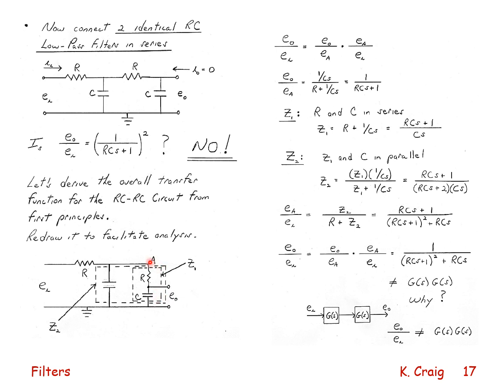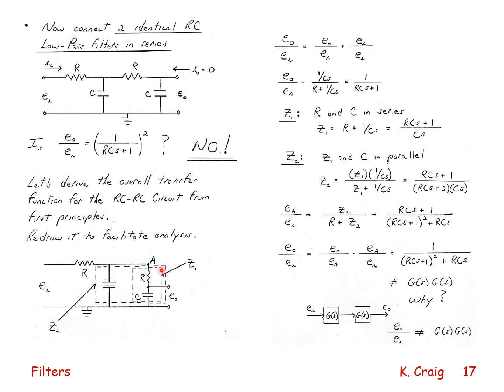I identify this node A because I need that for my analysis. So I can say that E out over E in equals E out over EA times EA over E in. And that's my relationship here.